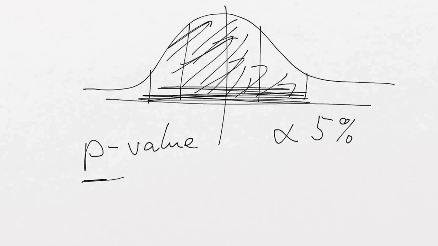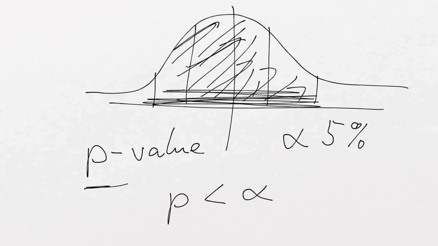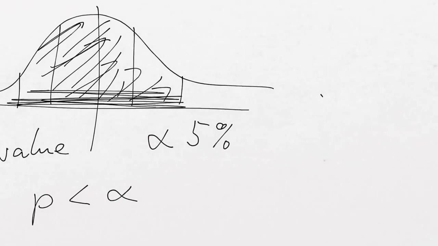Now, if the probability that the computer gives me is smaller than this alpha, so for example, I pick a sample over here. This is probably 5 sigmas out.